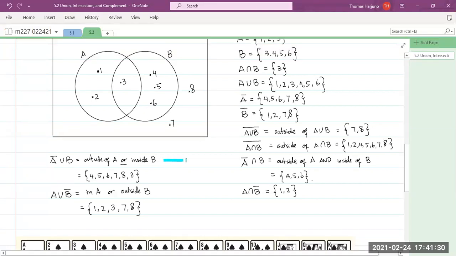When you do comparison between these two, the difference is with the word and, which means it has to satisfy both, compared to the word or, which means it has to satisfy either one. Imagine this. Suppose I say to my mom, I will marry somebody if that person is cute and rich.